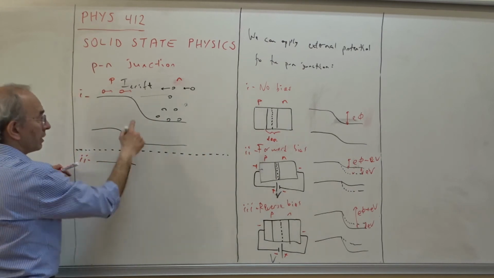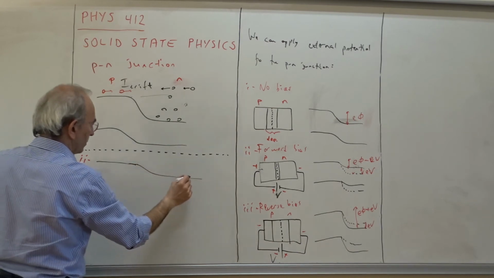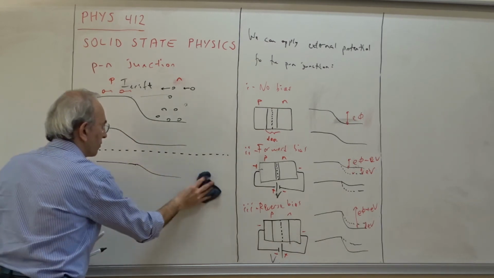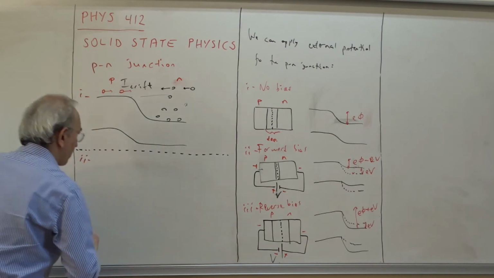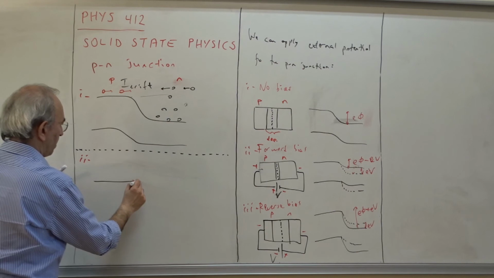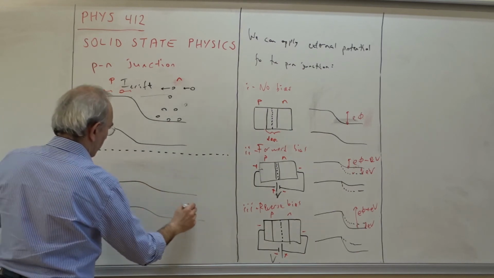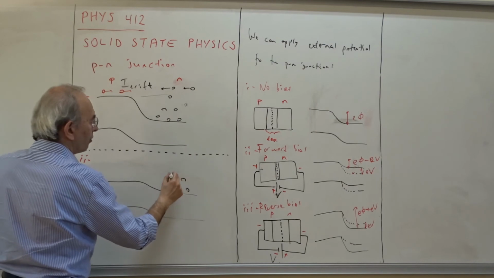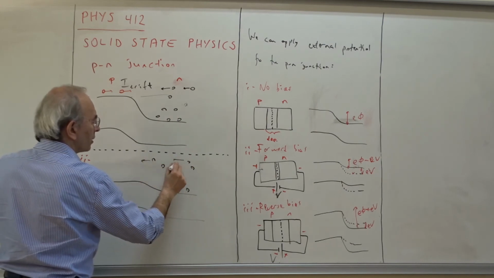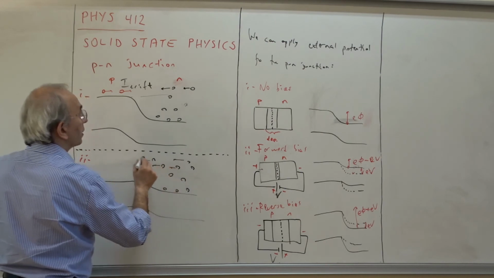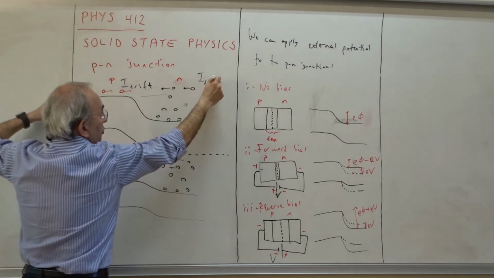We have a hill, but it is less steep than the first case. And there are so many carriers having enough energy now moving to the left-hand part. I drift, this is I diffusion.